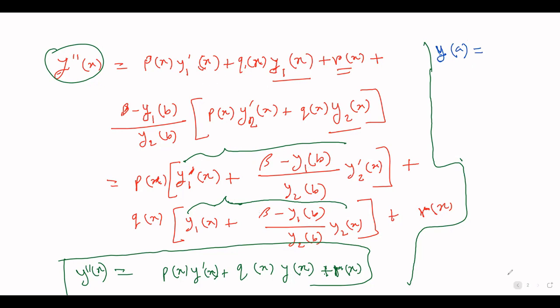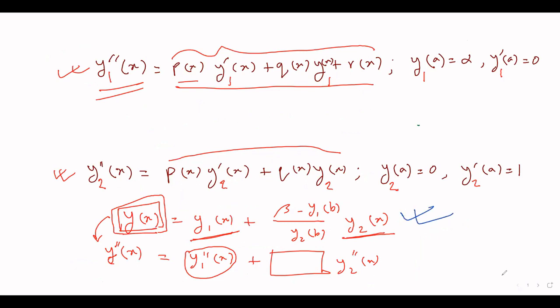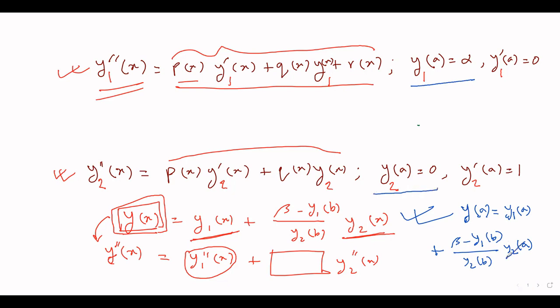The expression for y of x is this one. So y at a is simply y1 at a plus beta minus y1 of b over y2 of b times y2 at a. Now, from here, you can see that y1 of a is just alpha and y2 of a is 0. So this term is actually 0 and the other is actually alpha. So we have verified that y of a is indeed alpha.